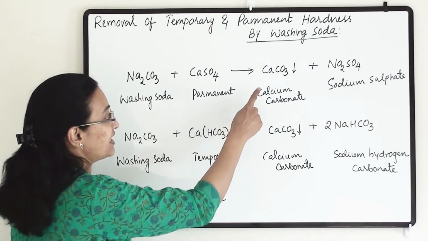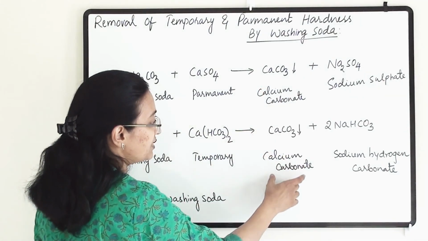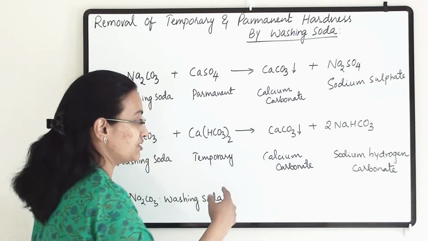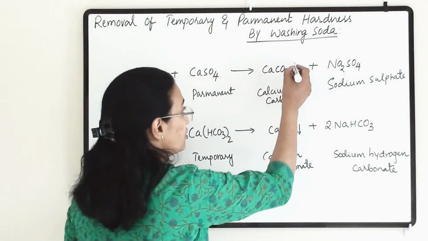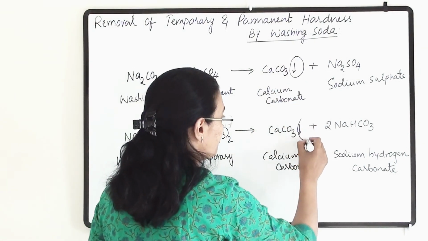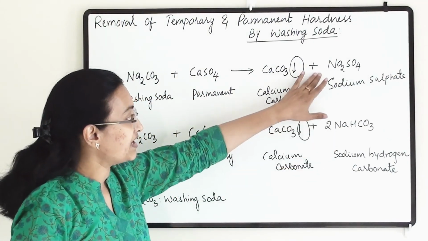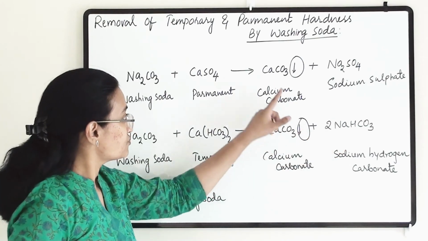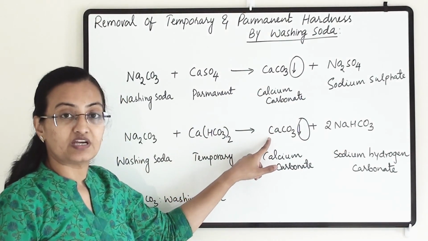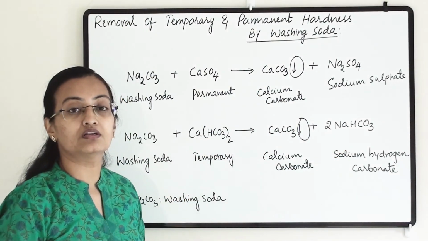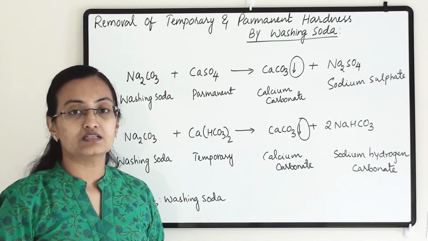With respect to that, we will get magnesium carbonate in both cases. Here this carbonate salt will precipitate out, which we can filter out, and the remaining two substances will remain dissolved in the water. So this too will precipitate out, which we can filter out, and the remaining water, the residual water, will be termed as soft water.